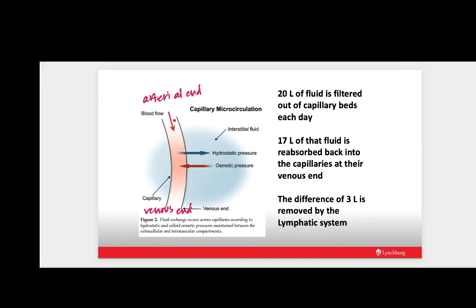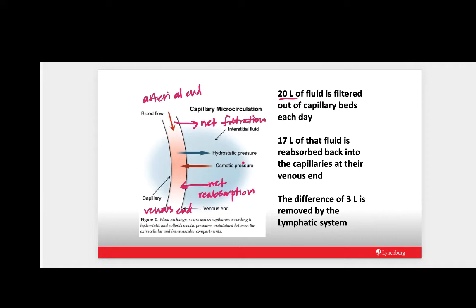Now, due to this high hydrostatic pressure on the arterial end, we see net filtration on the arterial end. We see this large hydrostatic pressure, net filtration, so that 20 liters of fluid gets pushed out. But then as it's traveling through the capillary bed and that fluid is out in the interstitial space, by the time we get to the venous end, we have net reabsorption.